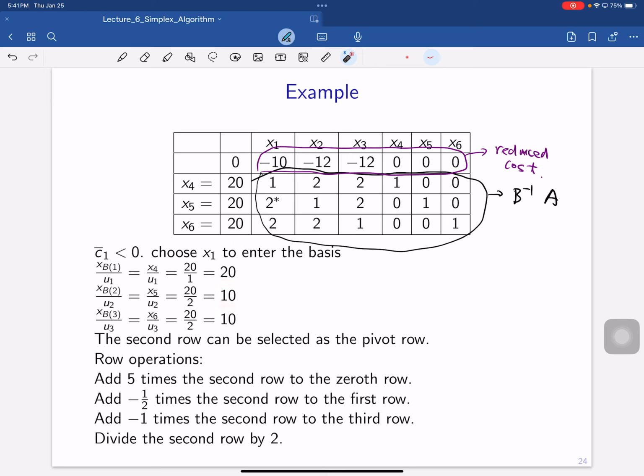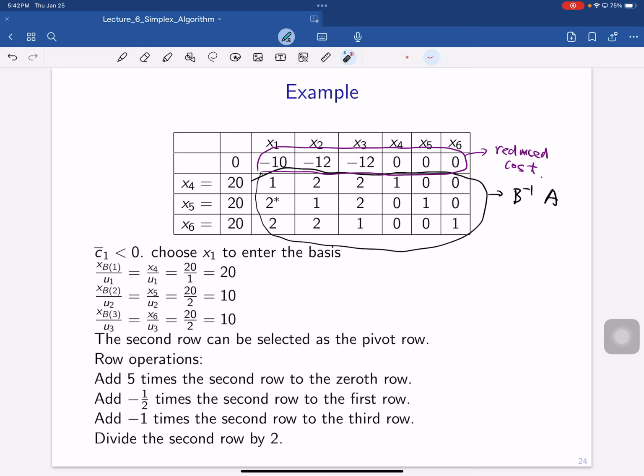You are picking the minimum value. Then we determine this entry can be the pivoting row. The next step is to do the row operations. We want to eliminate those entries such that this column will be a unit vector. Okay, that's the row operations.